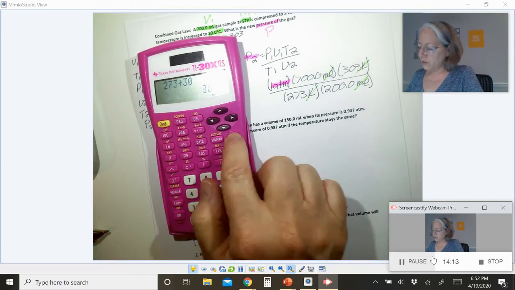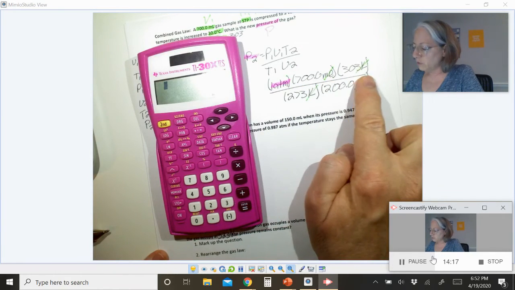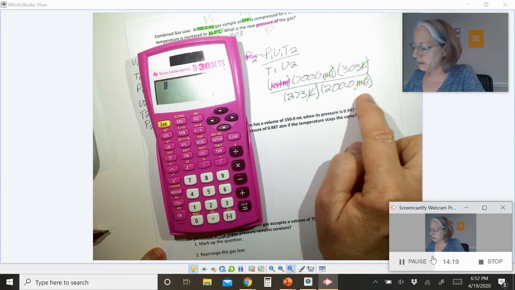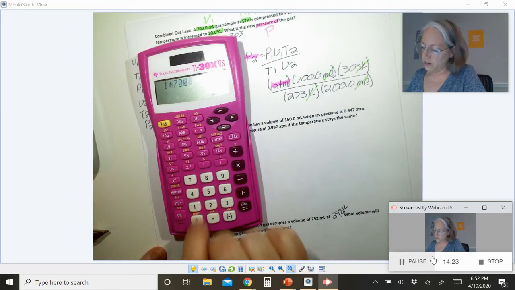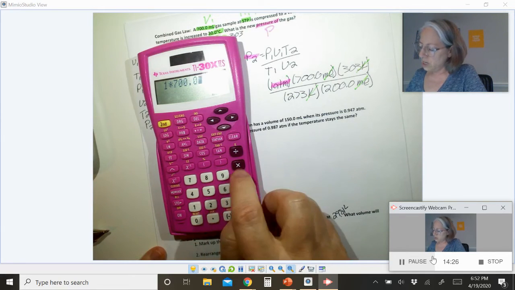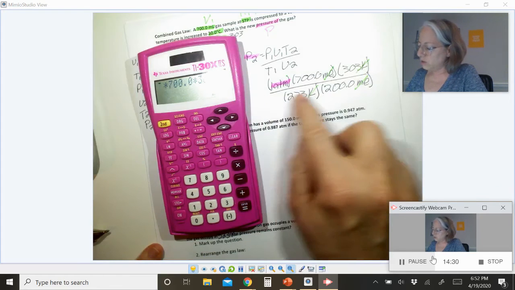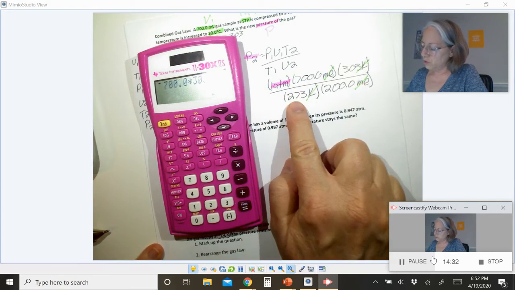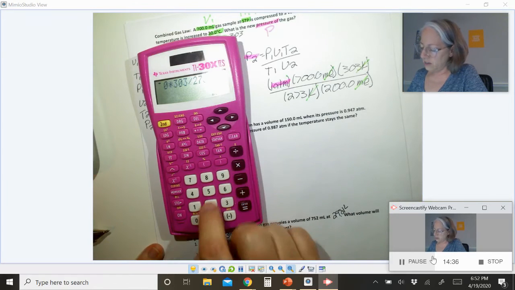And now we're going to plug in the numbers. Remember, everything on the top is multiply. Everything on the bottom is divide. So our 1 atmosphere times our 700 milliliters times the 303 Kelvin, go to the bottom, divide 273, still on the bottom, divide 200.